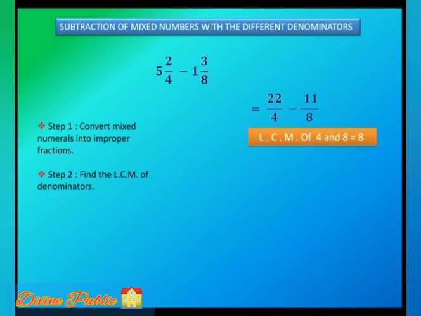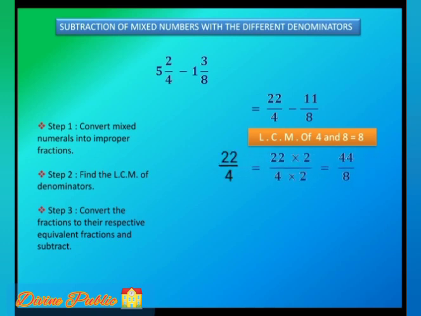Now we have to find the LCM of 4 and 8. That will be 8. Now we have to convert the fractions to their respective equivalent fractions and subtract. So 22/4 is equal to 44/8, and we will subtract 11/8 from 44/8.